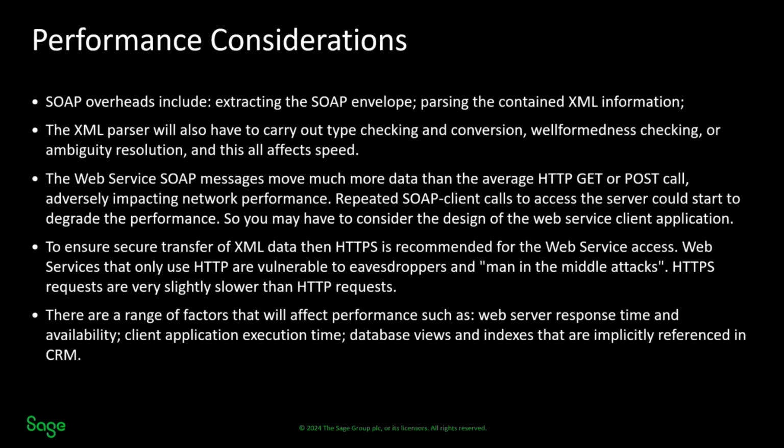But please be aware that we recommend that you use the SOAP web services over HTTPS because of the vulnerability of any methodology like this being exposed to man-in-the-middle attacks.